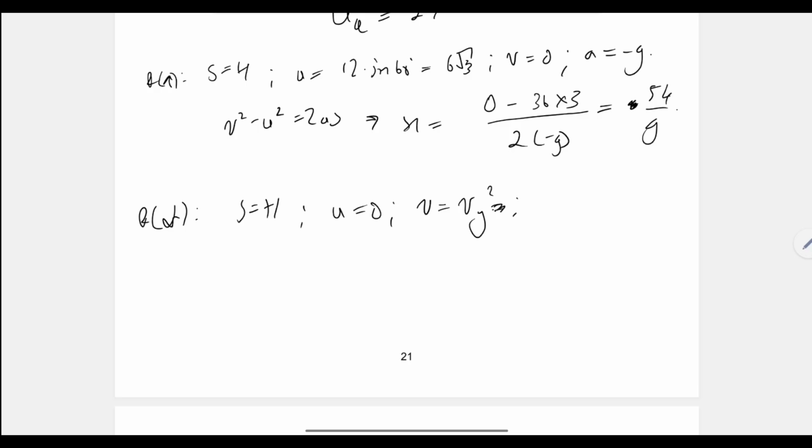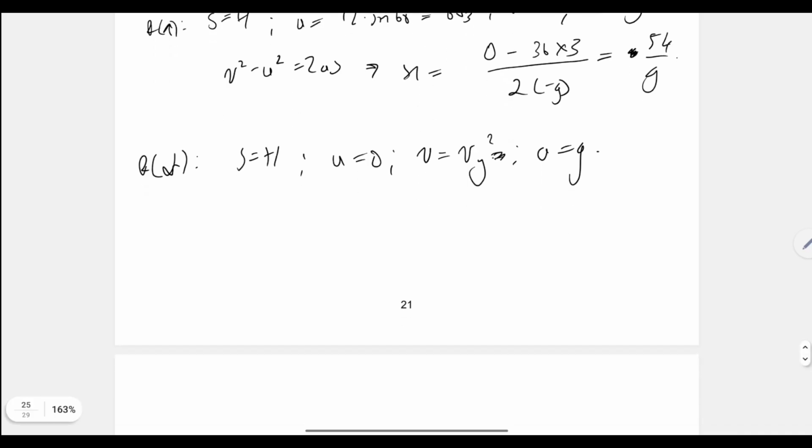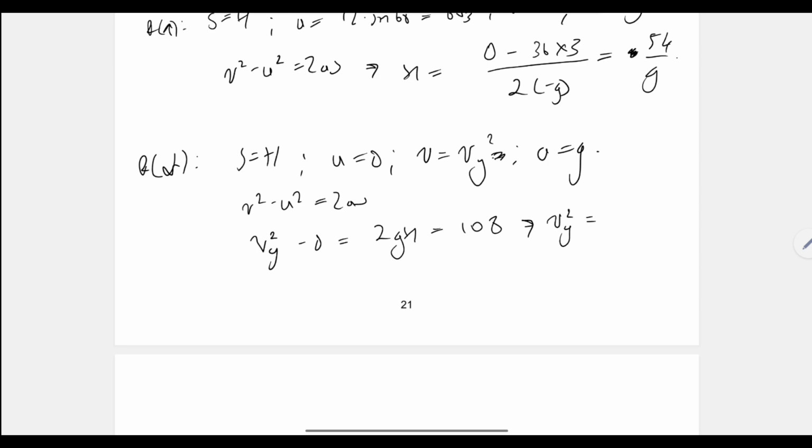And then it's got acceleration g downwards. So v squared minus u squared equals 2as again. That means vy squared minus 0 equals 2gh, which is 108. So vy squared equals 108.